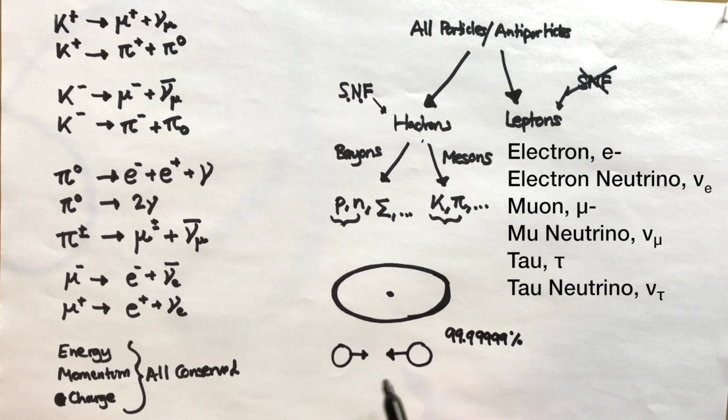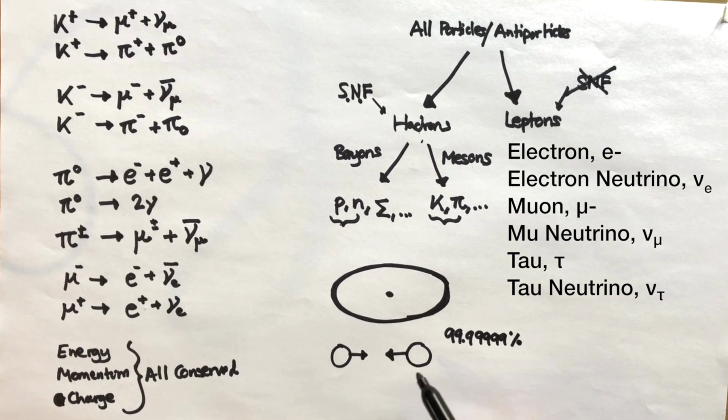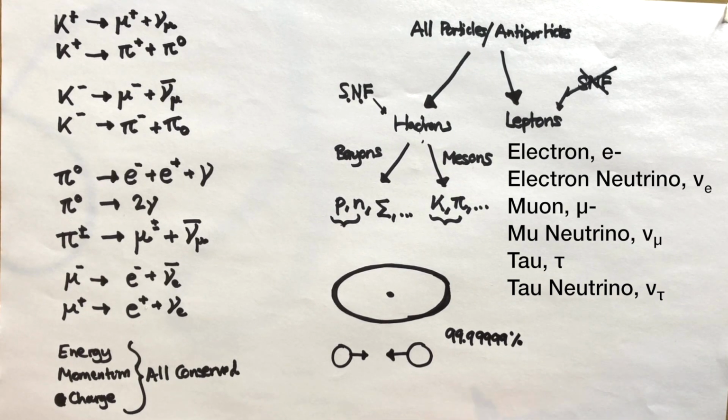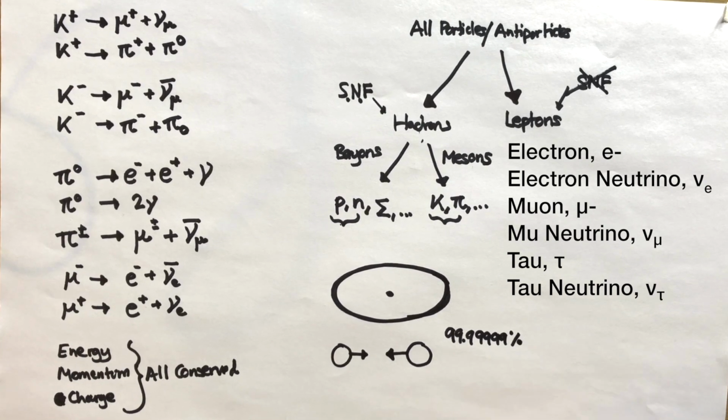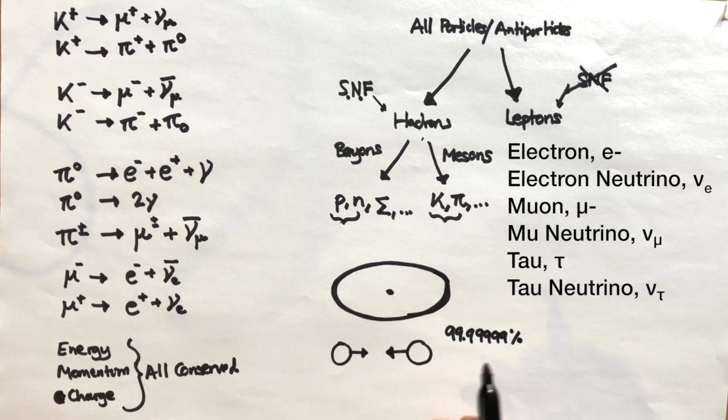Now, since these particles are moving very, very close to the speed of light, classical mechanics doesn't apply in this particular situation. You have to go to Einstein's theory of relativity to describe the dynamics of the collisions.